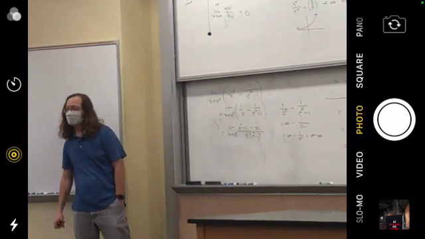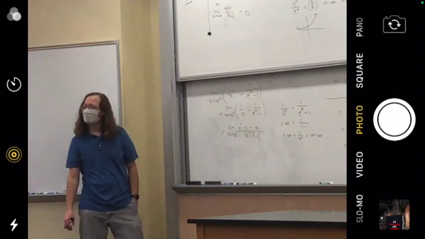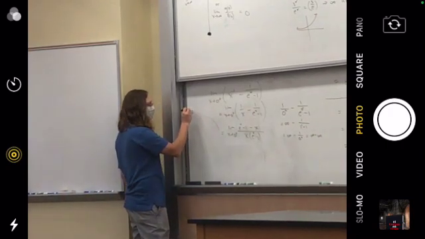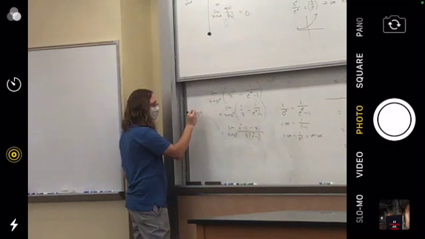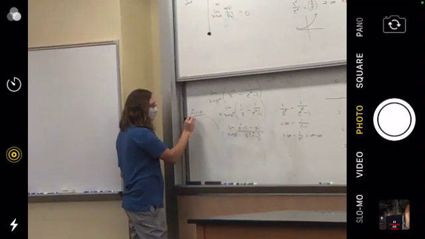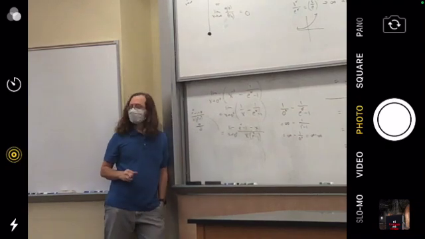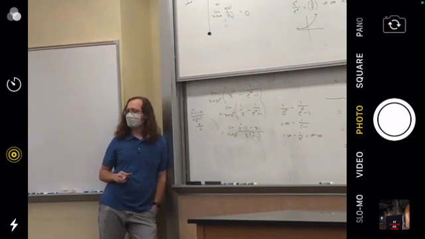Before it was indeterminate, and I haven't really done anything, so it's still going to be indeterminate. You might want to check. If I plug in, I get this. e to the 0 is 1, so 0 divided by 0. I went from infinity minus infinity to 0 over 0. It's still indeterminate.